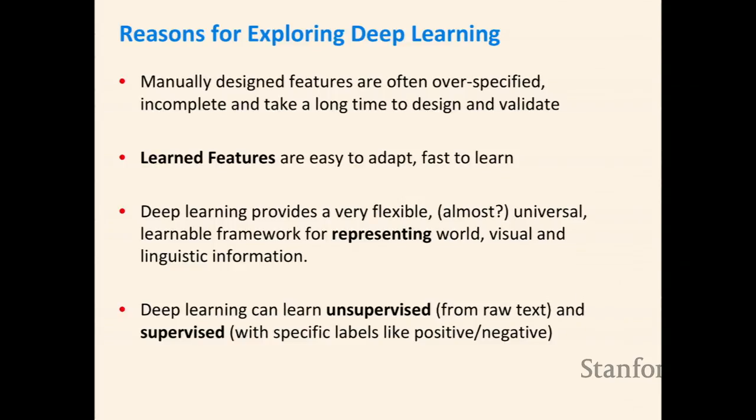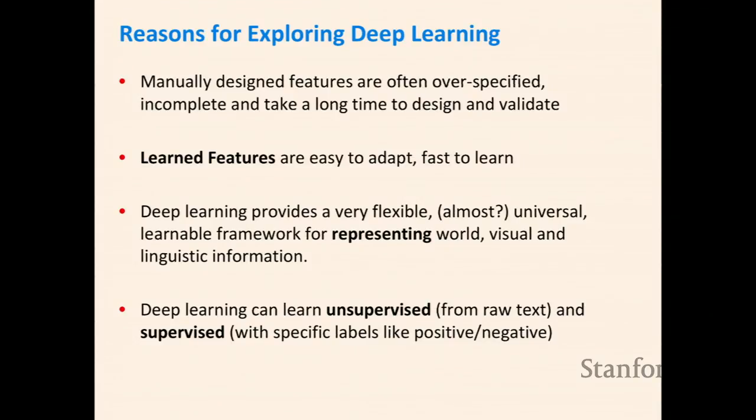Then, in contrast, the learned features that you'll be able to eventually program yourself in this class are going to be much easier to adapt, and with enough training data, they're very fast to learn and much more general. And deep learning provides, in general, a very flexible and universal framework for representing not just the meaning of words, but also visual information and other kinds of extra-linguistic information.